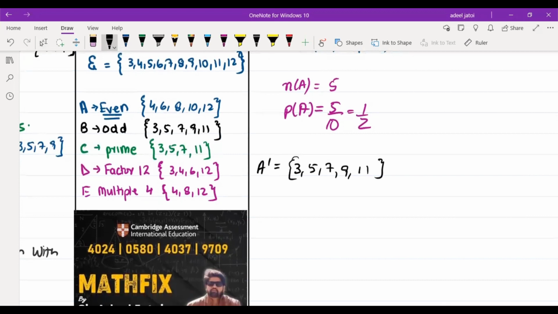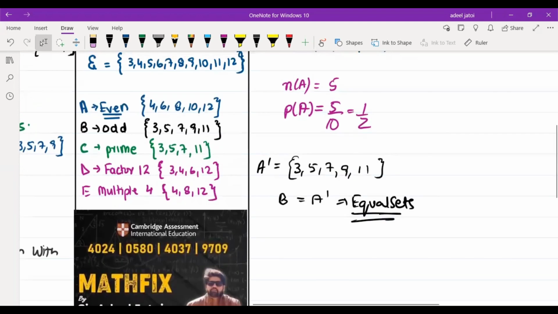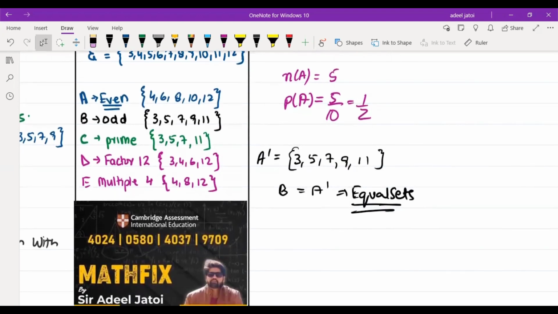That means your set B is equal to A complement, which is defined as what? Equal sets. So your A complement will be 3, 5, 7, 9, and 11.